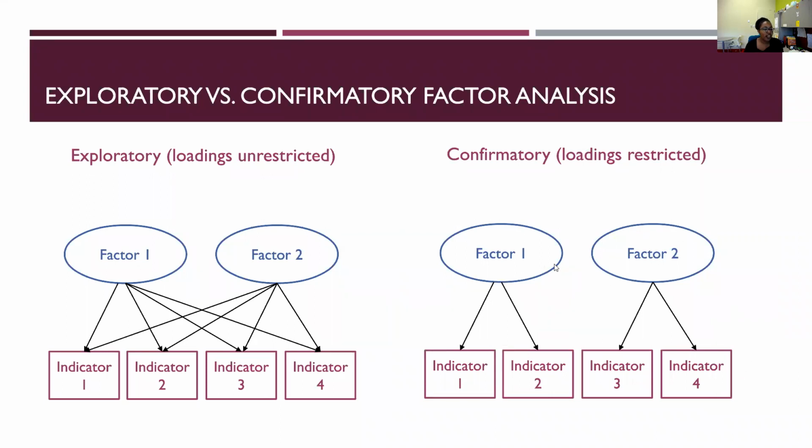We're testing whether the model fits well when we say 1 and 2 go with factor 1, and 3 and 4 go with factor 2. You make this model by constraining the loadings of factors 1 and 2 on the other indicators to 0.